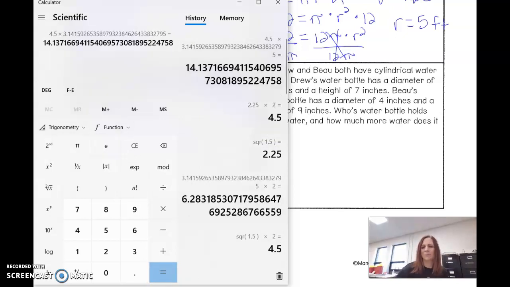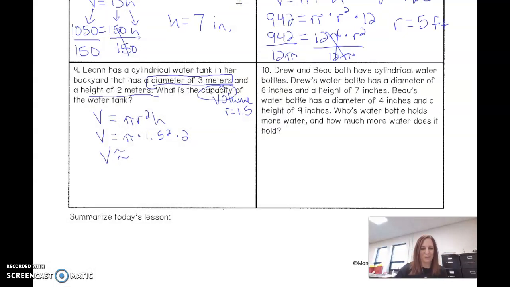That's a little bit better. The other answer didn't make sense. So let's go with this, 14.14. And that's cubic meters. Okay, so same formula every single time. Maybe variations on it. Fill in what you know, solve for what you don't know.